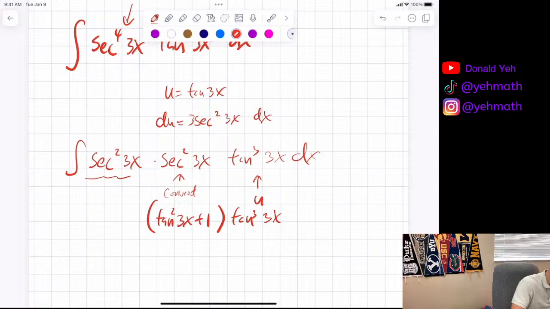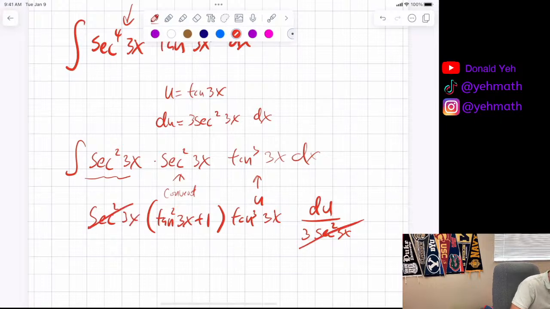And then the last part is going to be dx, which I'm going to set as du over 3 secant squared 3x, and that cancels the secant squared 3x.